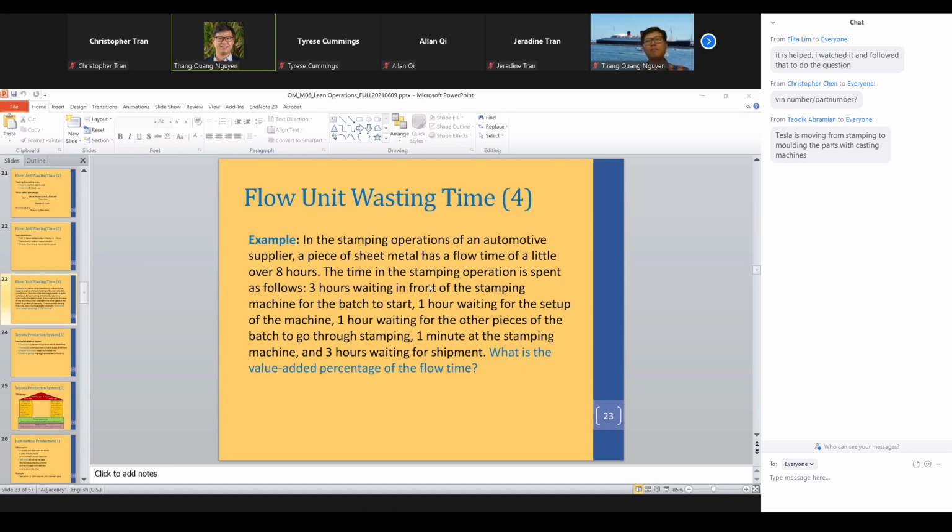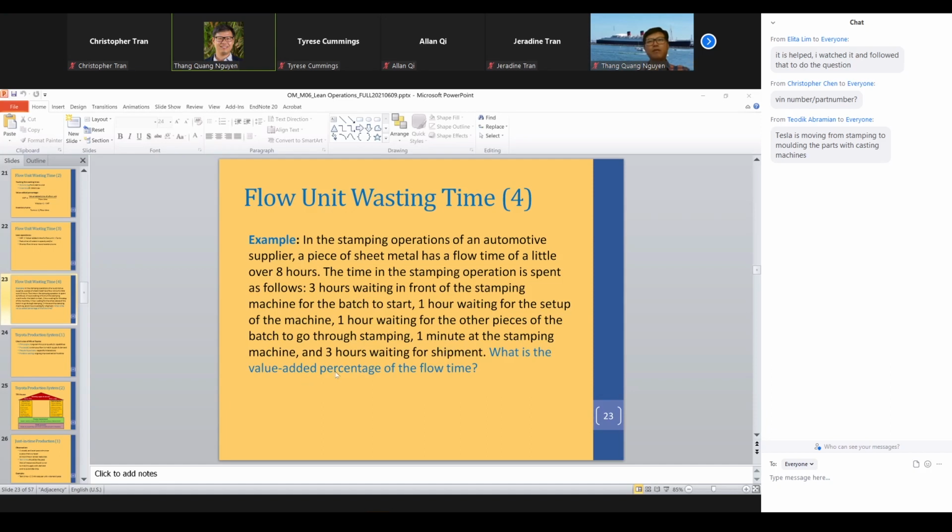The time in the stamping operation is spent as follows: 3 hours waiting in front of the stamping machine for the batch to start, 1 hour waiting for the setup for the machine, 1 hour waiting for the other pieces of the batch to go through stamping, and only 1 minute in the stamping machine, and then 3 hours waiting for the shipment, right?